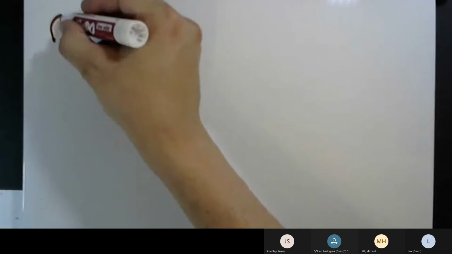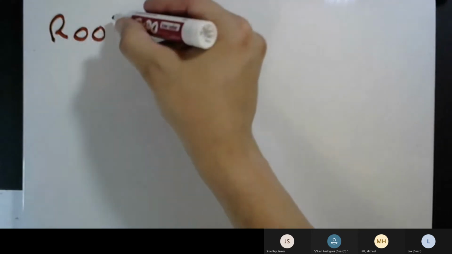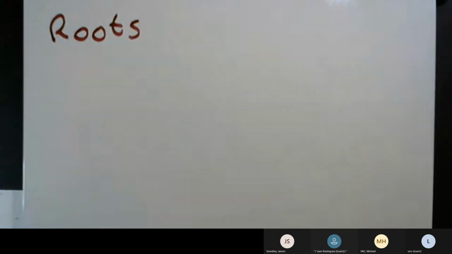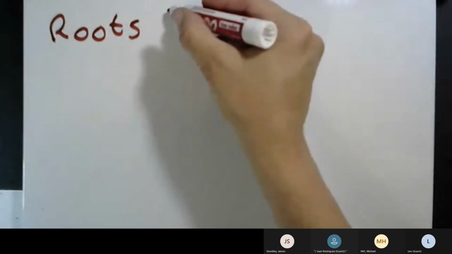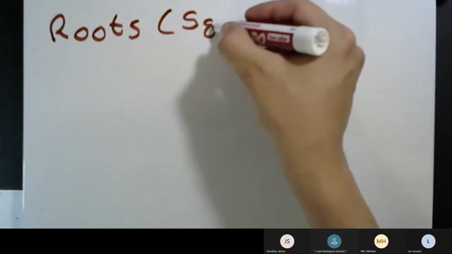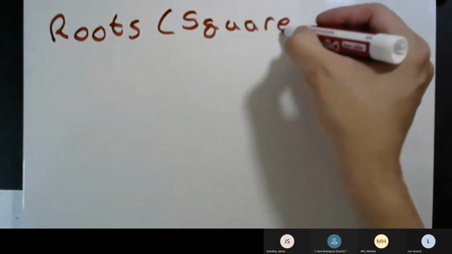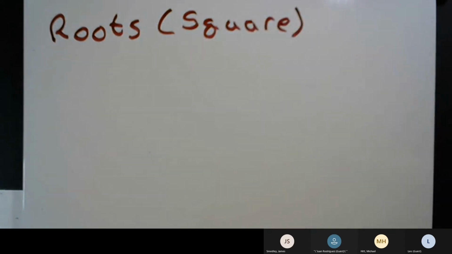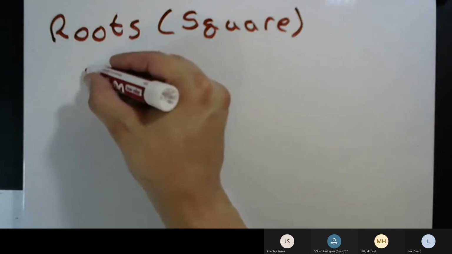Now, next up are roots. This is the same section. And the way roots work is this. We're going to talk about square roots. Now, we mentioned the term square means a number times a number. So this is how a square root works.